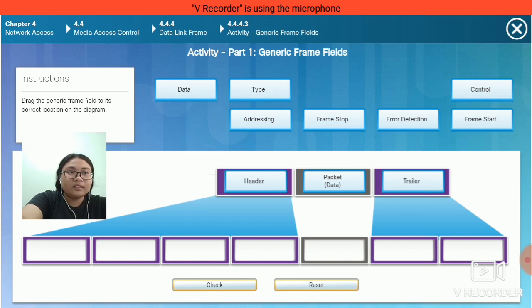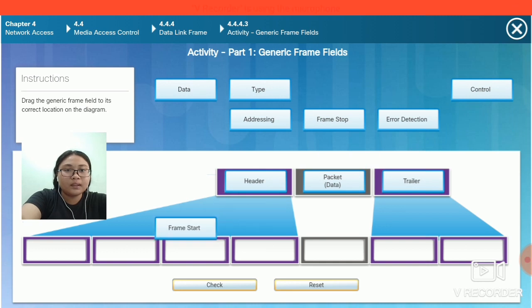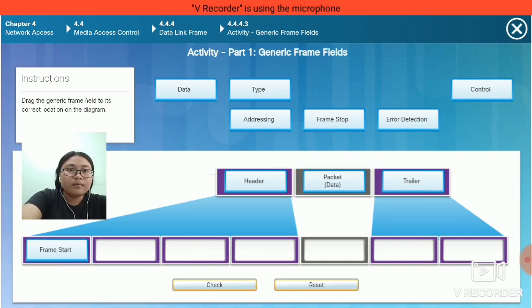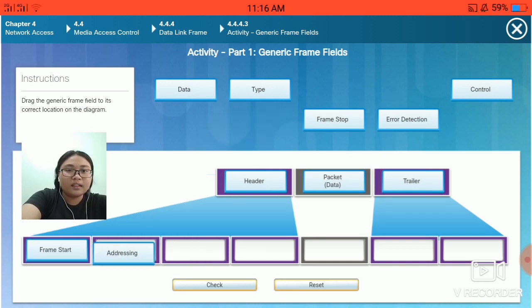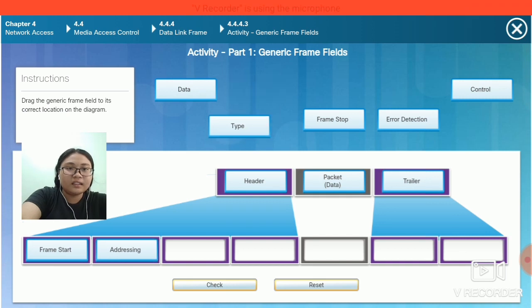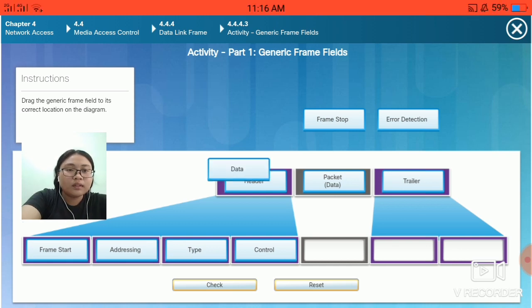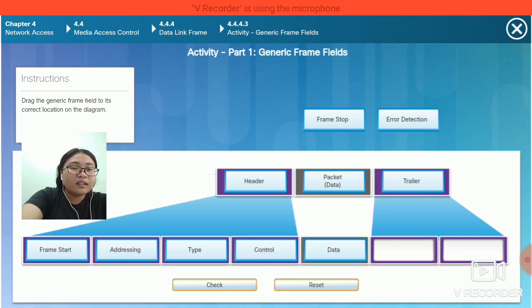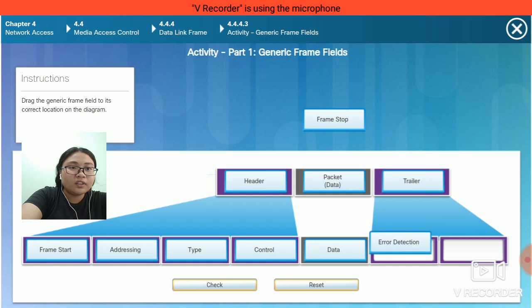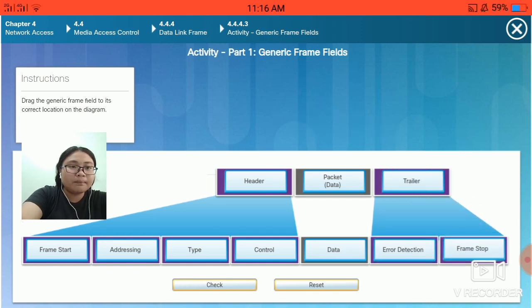And on this, the first one is the frame start. Second is addressing. The next is type. Next is control. Next is data, error detection, and the frame stop.